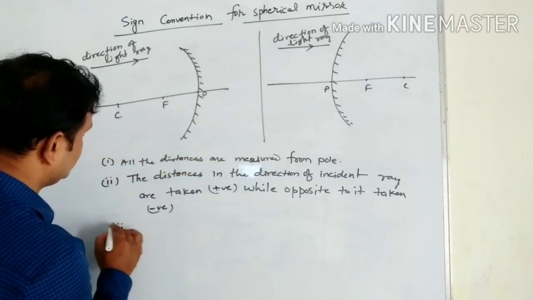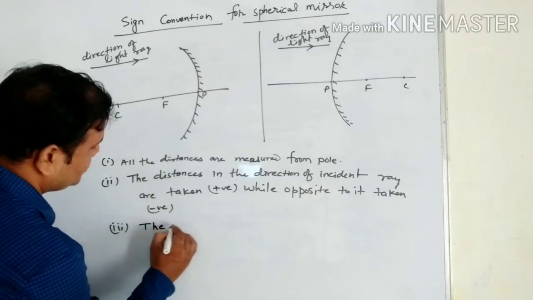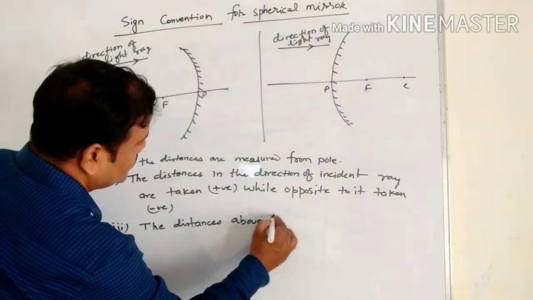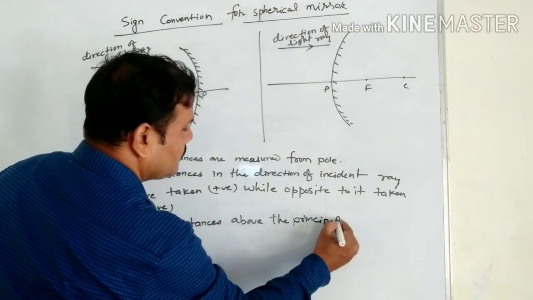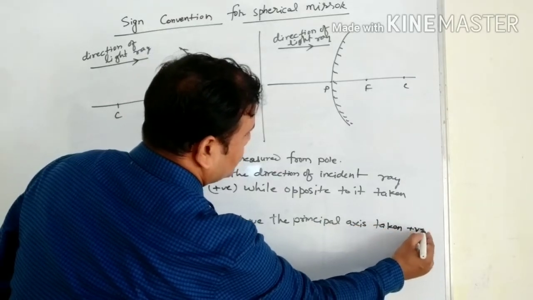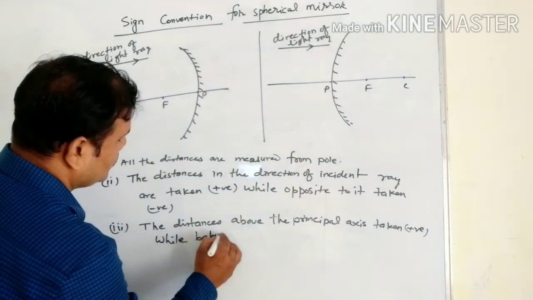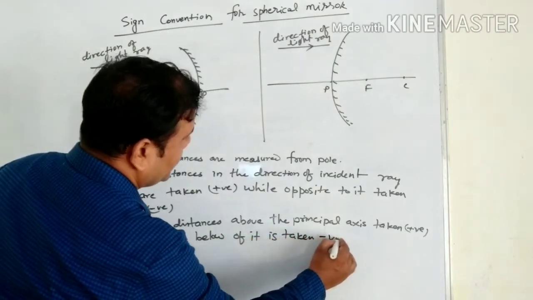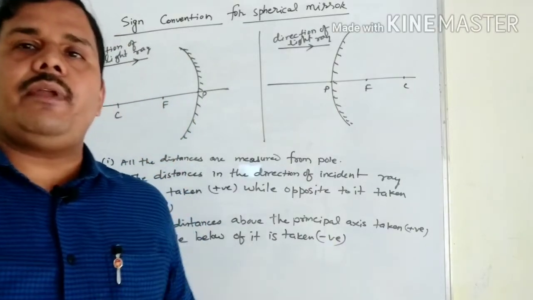Okay, third point, the distances above the principal axis are taken positive, while below it are taken negative. If you keep these things in your mind, definitely you will not have any type of problem.